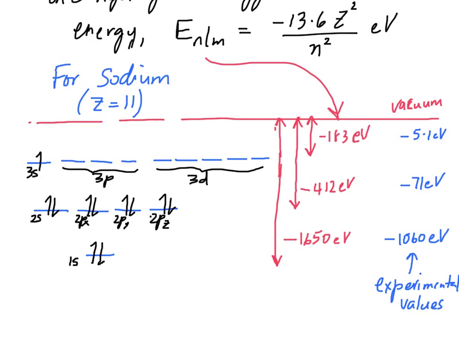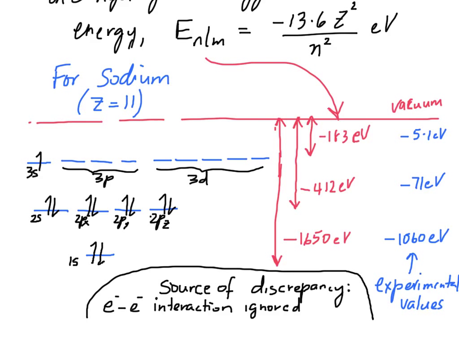First of all, we have ignored the interaction between electrons. And the progressive worsening of the agreement as you go to higher and higher energies may be understood in the following manner. Let us consider our 3s electron, the lone 3s electron.